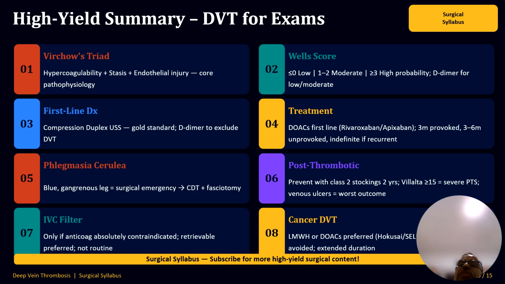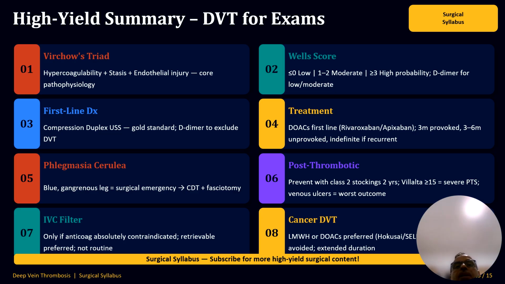D-dimer is enough for low or moderate. First-line diagnostic test is Doppler ultrasound, compression Doppler ultrasound, gold standard. D-dimer is basically to exclude DVT.